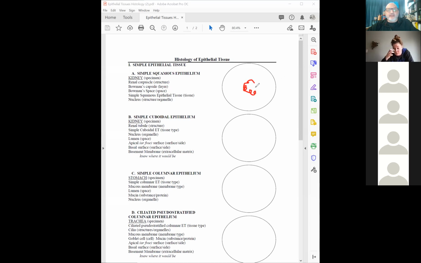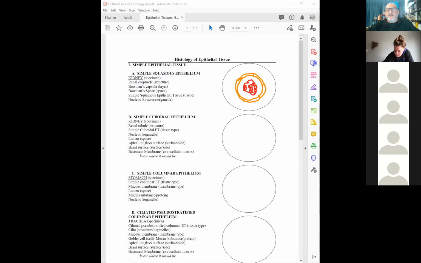So first is going to be that big glomerulus, that capillary, and then I'll even change colors because I have the ability here. I'm going to have that single layer of flat cells around it. So there's my single layer of flat cells.